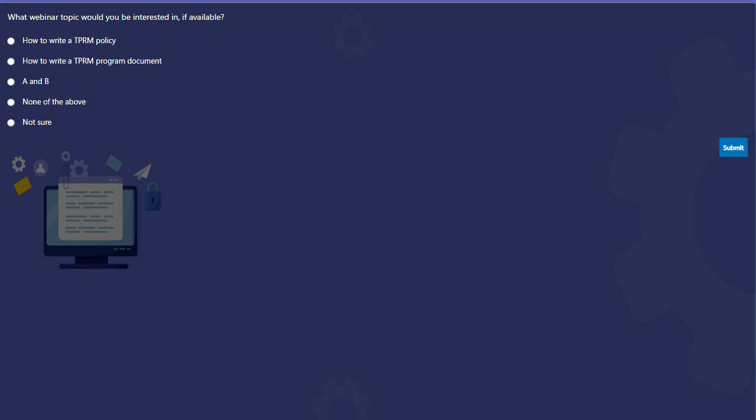Who writes procedures? Well, that can be a lot of people, but the good thing to remember about procedures is they are step-by-step instructions that are usually stakeholder and process specific. So that's going to help you narrow it down. The folks that are actually responsible for executing those processes should be involved in writing those procedures or at least reviewing them.